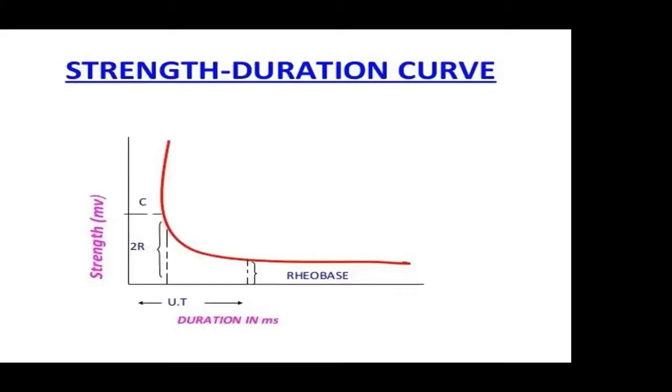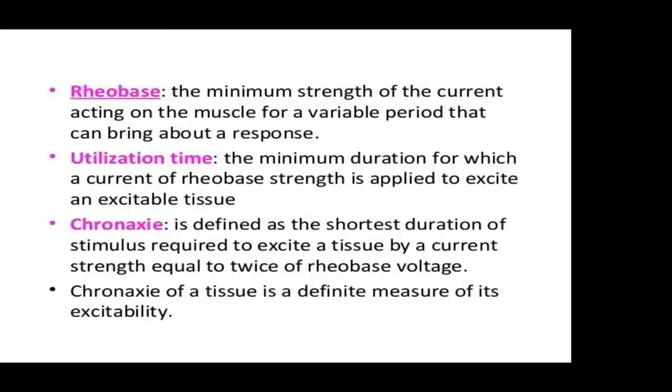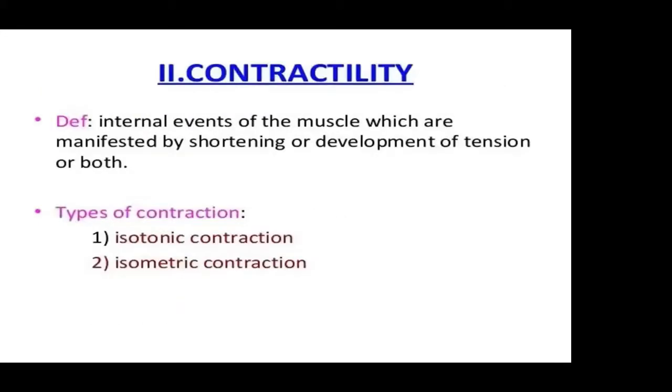Now, this is the strength duration curve. We will discuss about it later. Rheobasic current, chronaxy, and utilization time. Now, rheobase. Rheobase is the minimum strength of current required to stimulate a tissue. Utilization time, it is the time a tissue takes to respond to a rheobasic current.